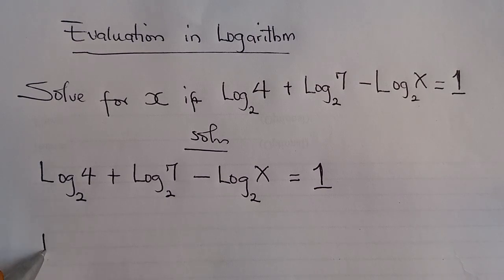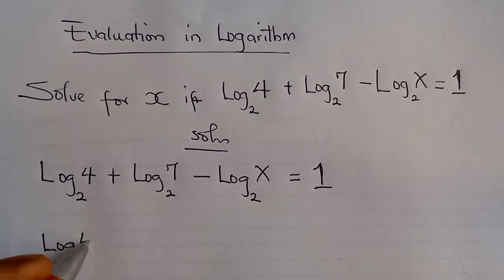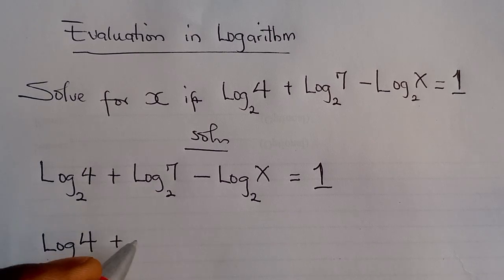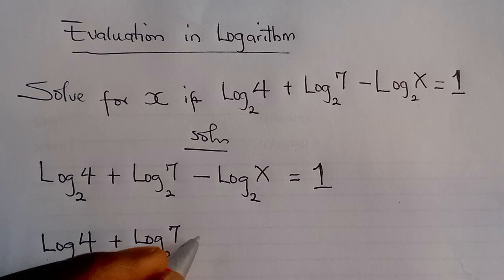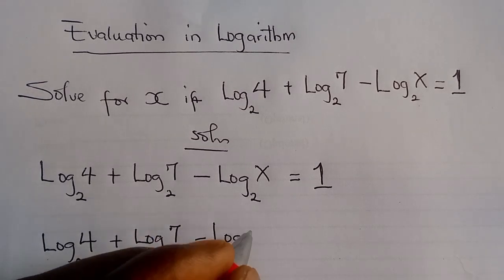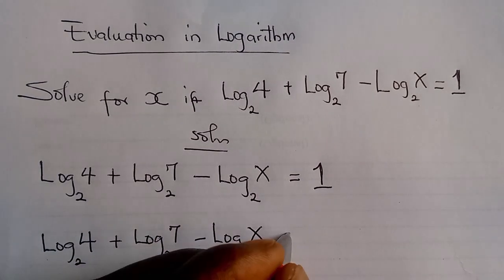This again is log 4 base 2 plus log 7 base 2 minus log x to base 2 equal to 1.